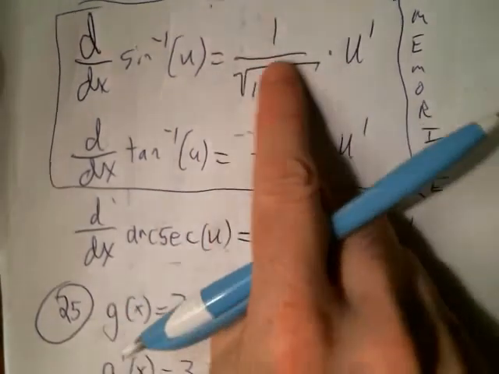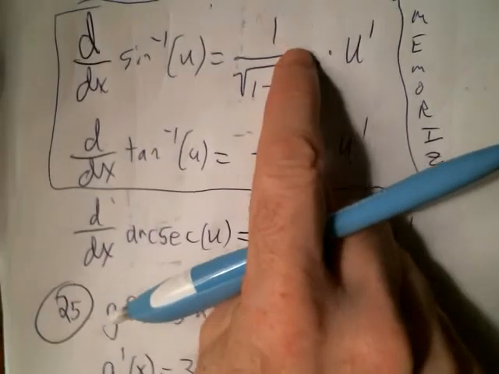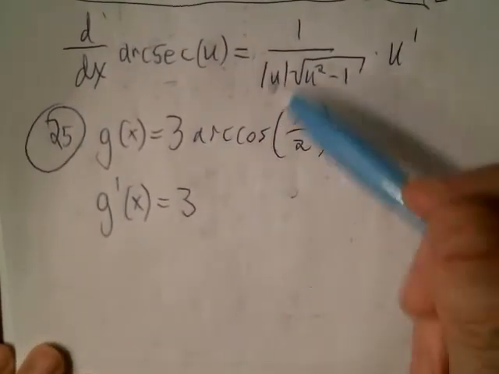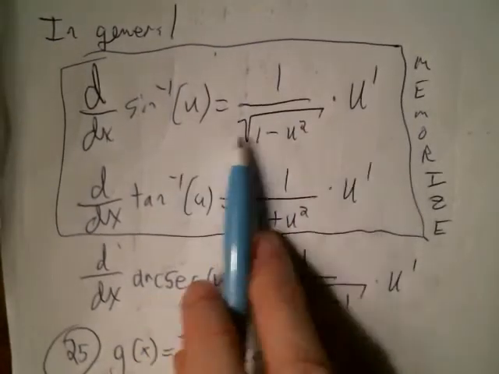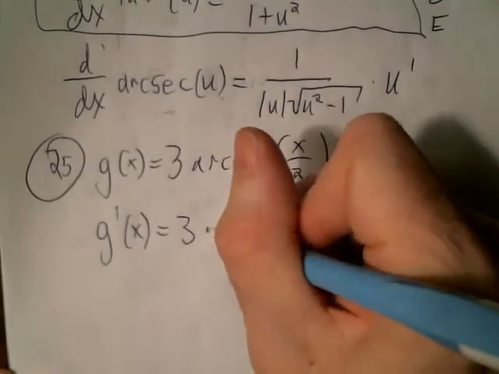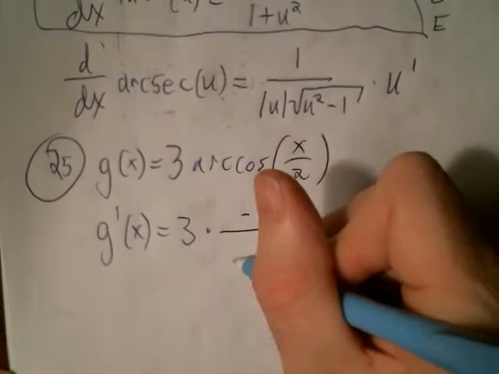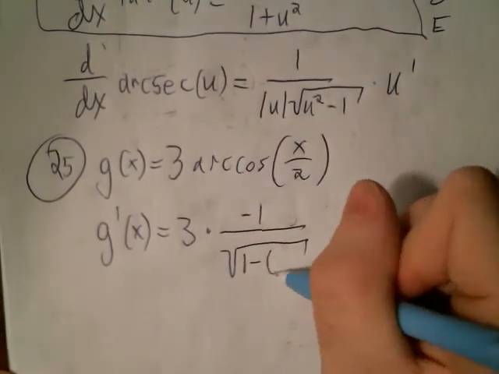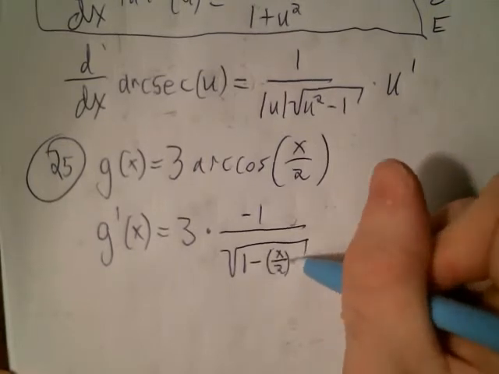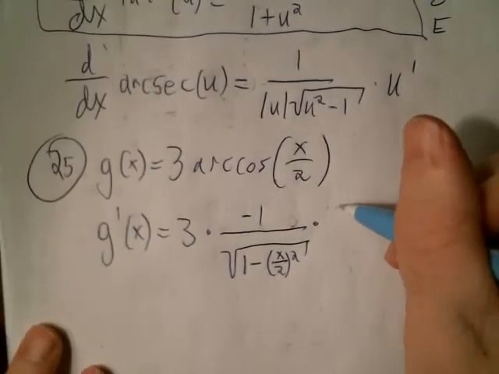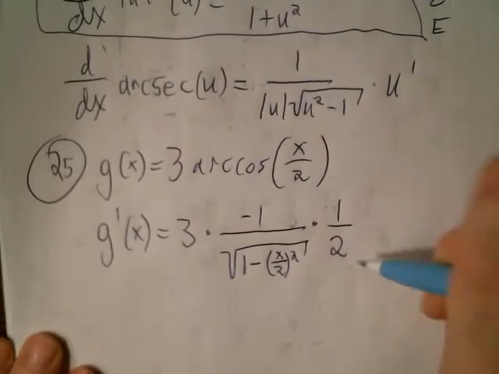So if this was cosine inverse, this would be the negative of this. If you know the sine inverse, then the cosine inverse is just slapping on a negative. So we have 3 times negative 1 all over the square root of 1 minus u squared. So our u squared is x over 2 squared now. And then times the derivative of the x over 2 part. So the derivative of x over 2 is 1/2.